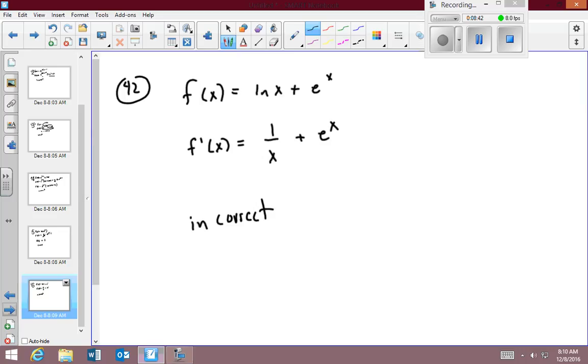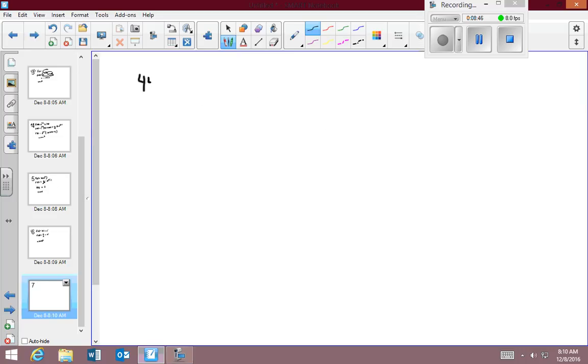Number 44. Any questions on any of those? So the producer of a coating of silicon computer wafers believes from an extensive study that the national consumption is approximated by that consumption function for 1 through 8.